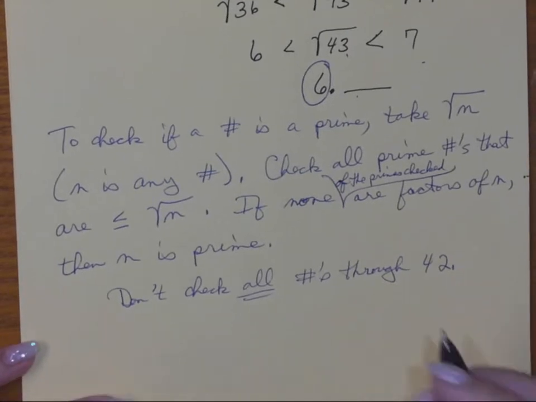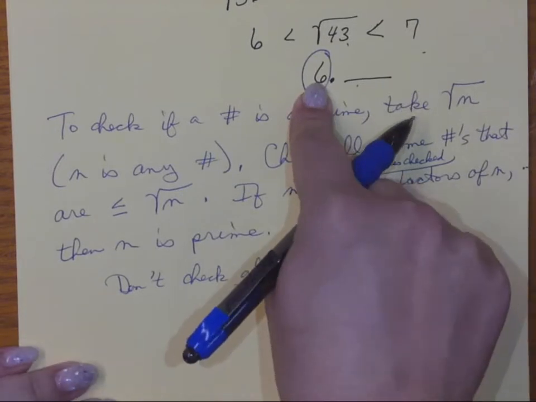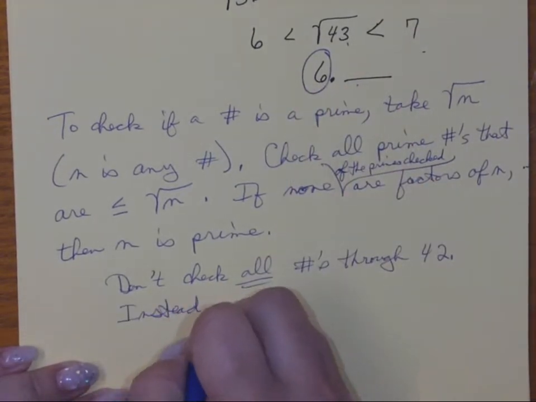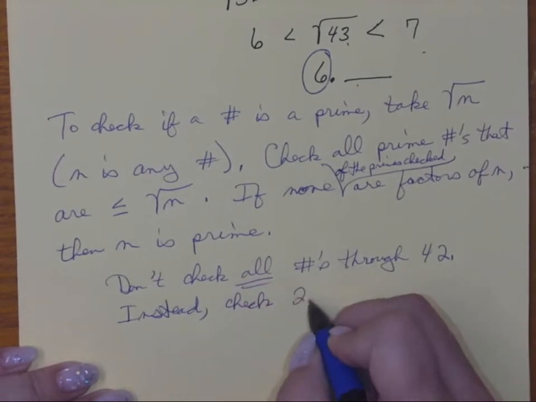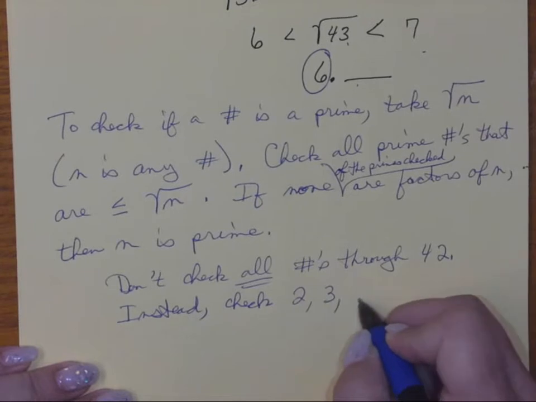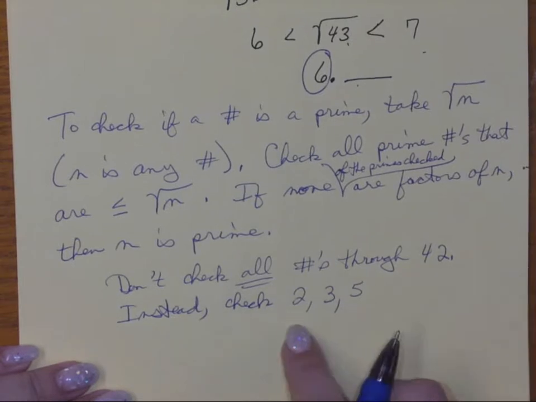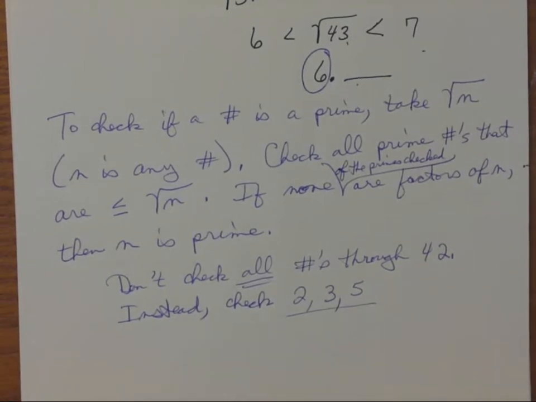Because now I know, hey, I'm looking for prime numbers that are less than or equal to 6. So instead, I'll check what are my prime numbers that are less than or equal to 6. 2, 3, 5. The next one would be 7. That's not less than or equal to 6, so I stop. So actually, that's only 3 numbers I have to check.